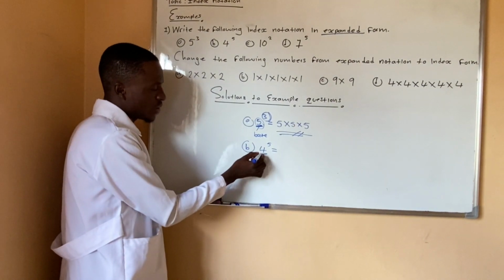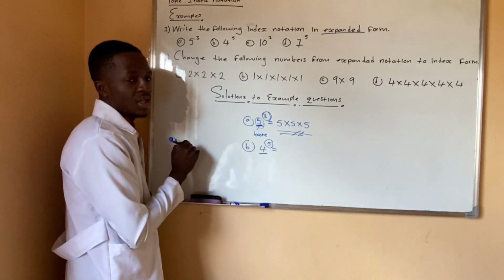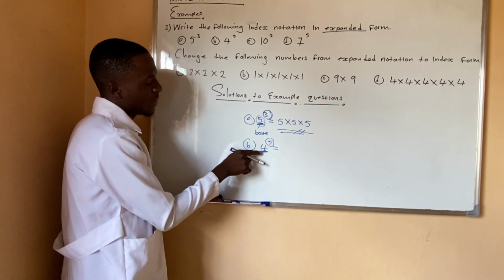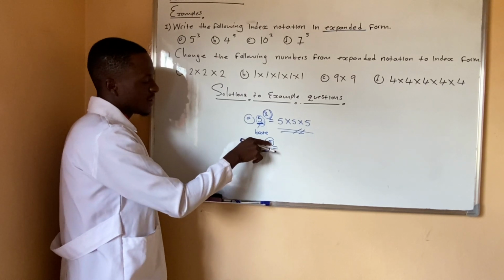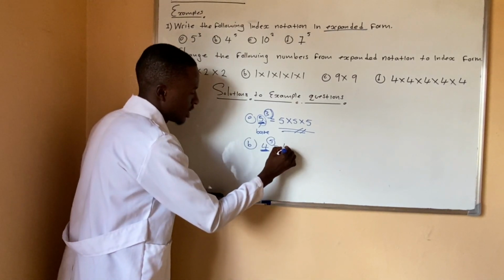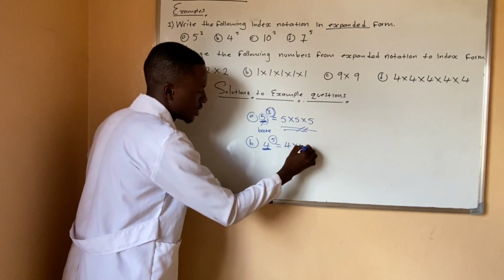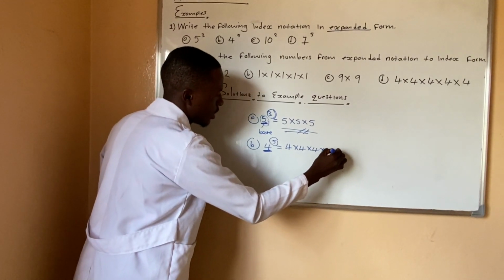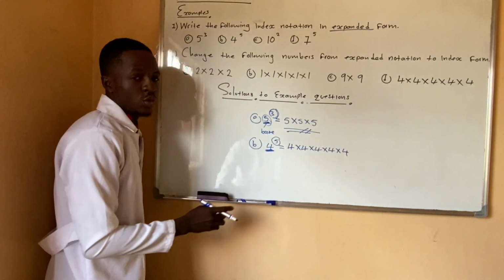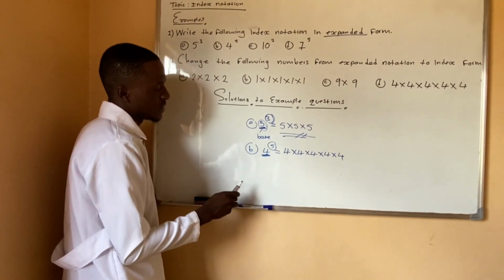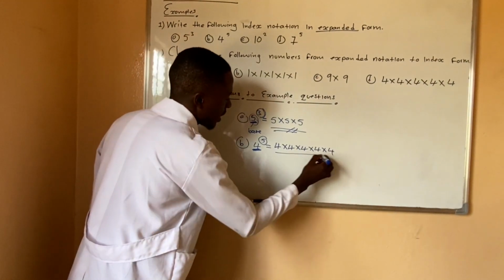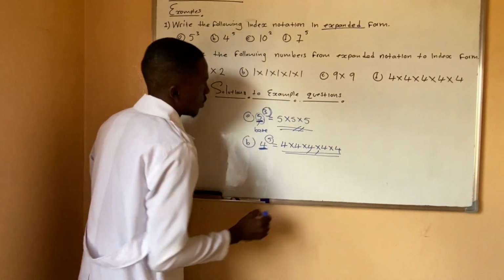And then 4 is raised to what power? 5. What does it mean? It means this base should multiply by itself how many times? 5 times. So it's 1, 2, 3, 4, and 5. To confirm, you can just count through these numbers. Then you have expanded. That's all.